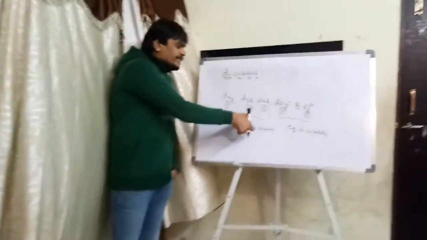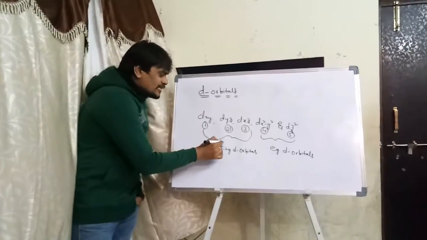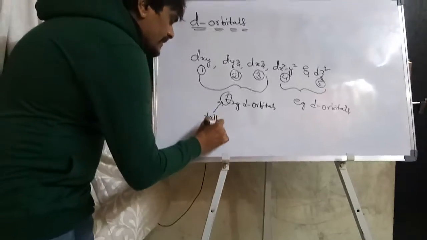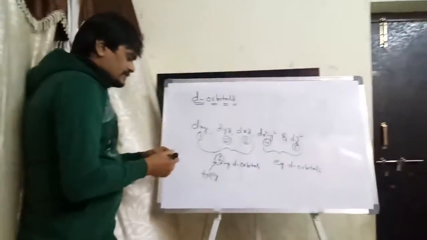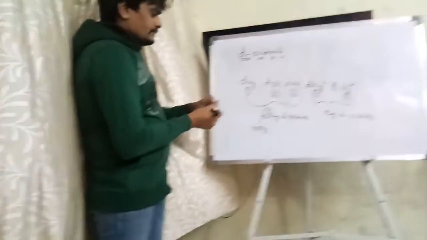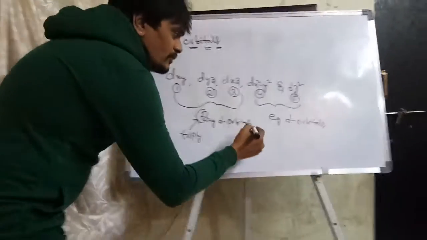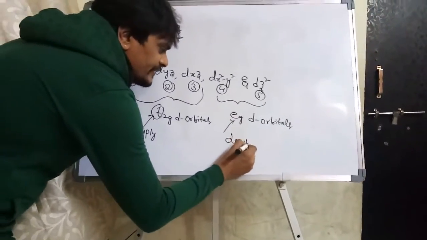Now what do you mean by T2g d orbitals and Eg d orbitals? T stands for triply degenerate d orbitals and E stands for doubly degenerate d orbitals.